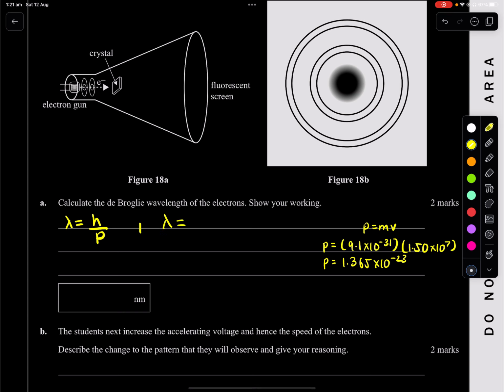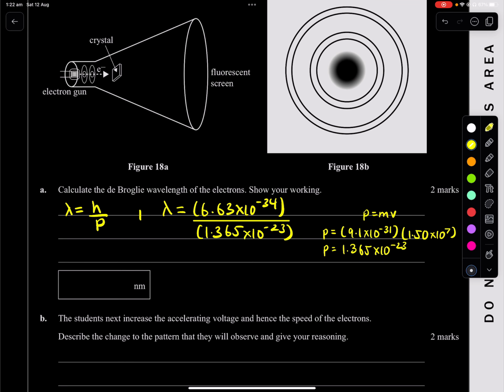Now, h should be in your formula sheet. It is 6.63 times 10 to the negative 34, all over 1.365 times 10 to the negative 23.